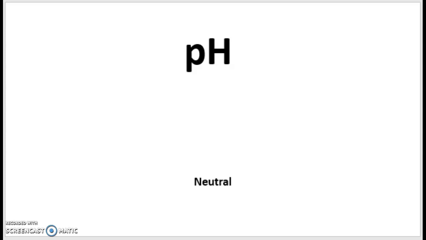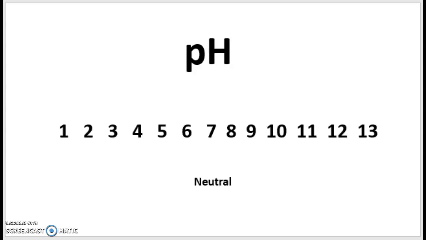It's considered neutral, and it's assigned a pH of 7. Again, this is due to some math that we're not going to talk about in grade 9. The scale goes in both directions, sometimes listed as 0 to 14 or 1 to 13. When we look at the left-hand side, or the numbers less than 7, that is considered acidic.